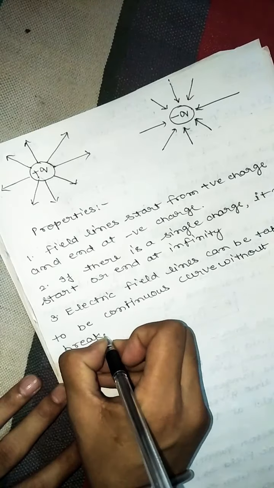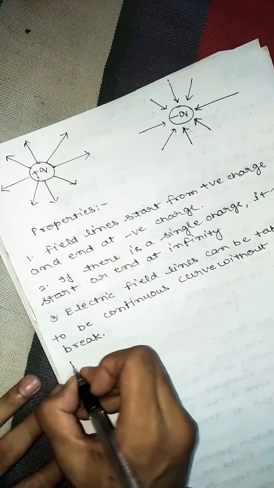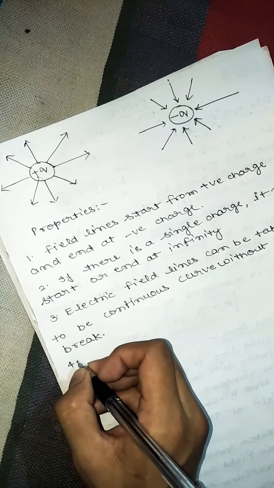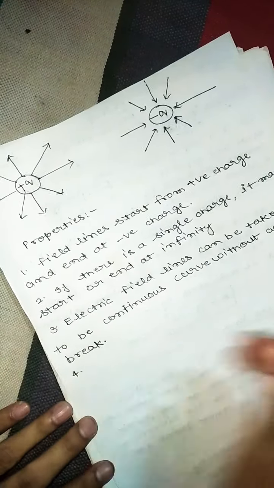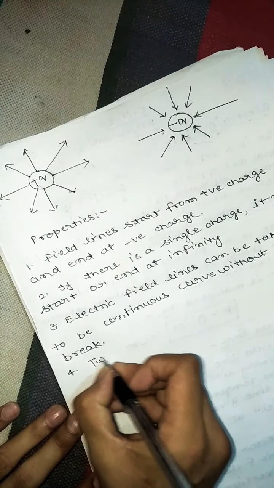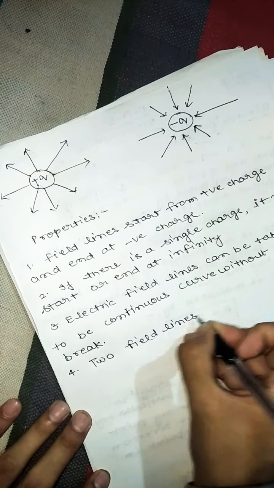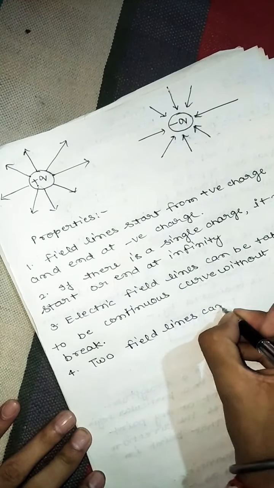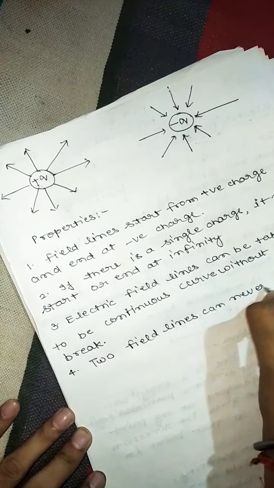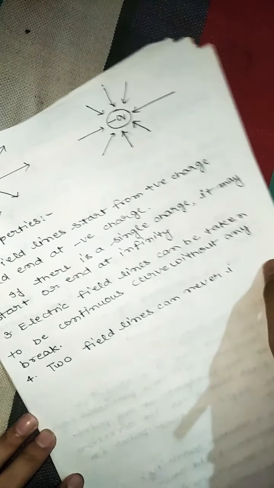The fourth and most important point, which comes in examinations, is that two field lines can never intersect each other.